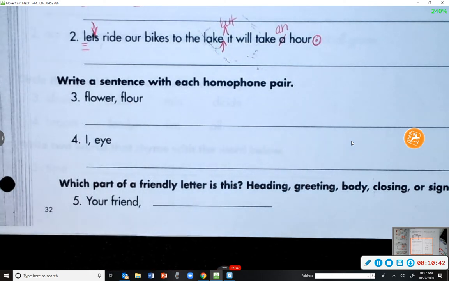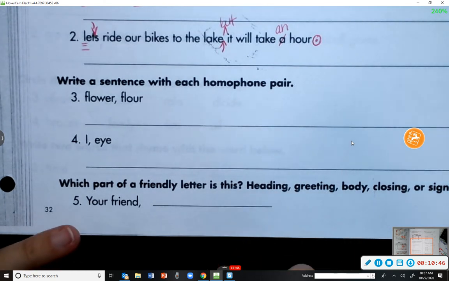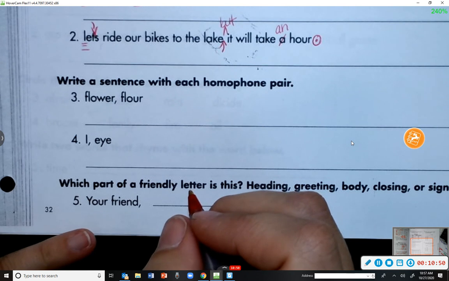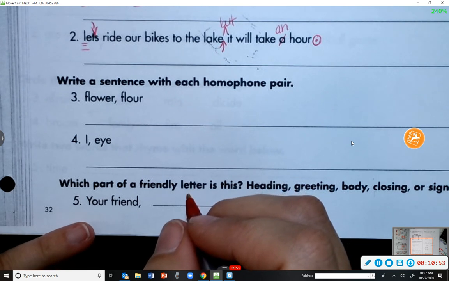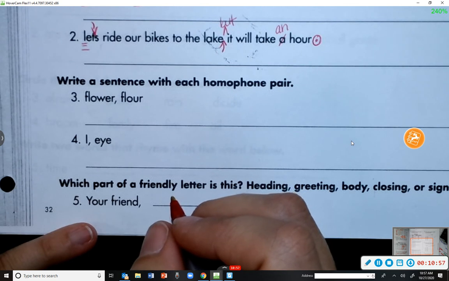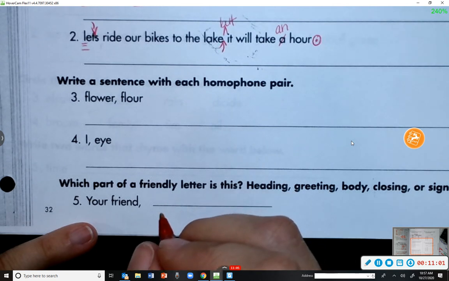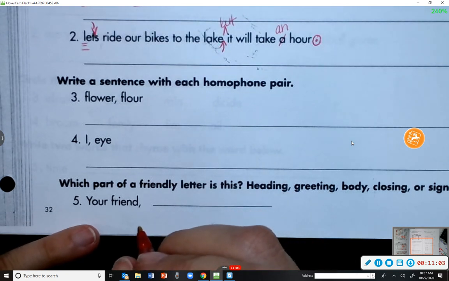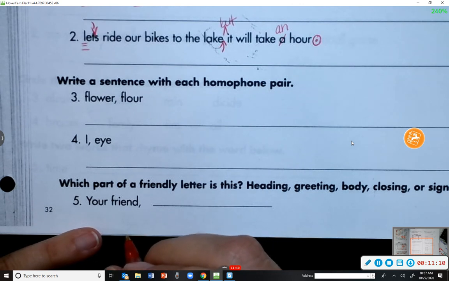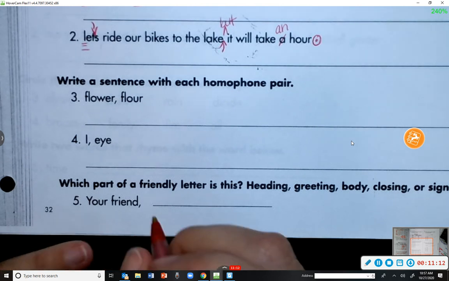Okay, so we had to combine those into one sentence. Anybody have a sentence they came up with? Bryson? You don't have one. Okay, Evangeline. I put flour in my dough. I pick flowers out of my garden. Okay, so 2 sentences.